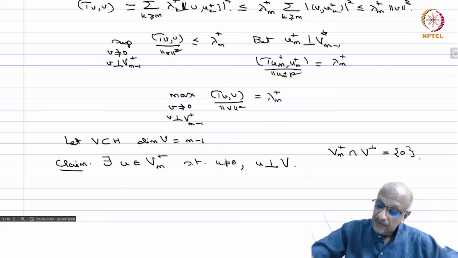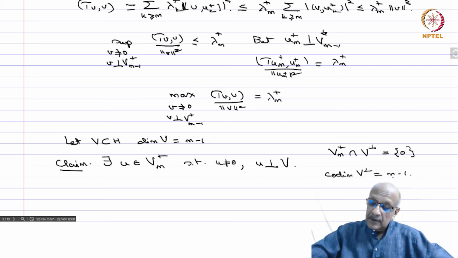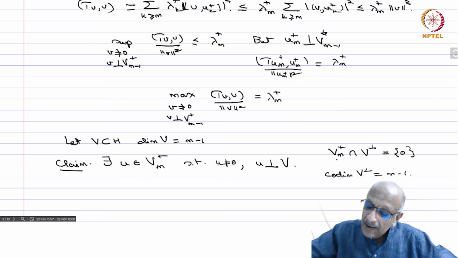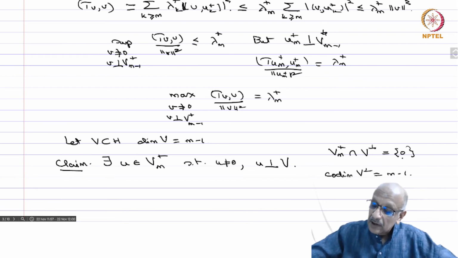But the codimension of V perp is m minus 1, because V is an m minus 1 dimensional space, and therefore you cannot have an m dimensional space completely non-intersecting with it, because the codimension is only m minus 1 and we have m dimensions. Therefore this is definitely a contradiction.